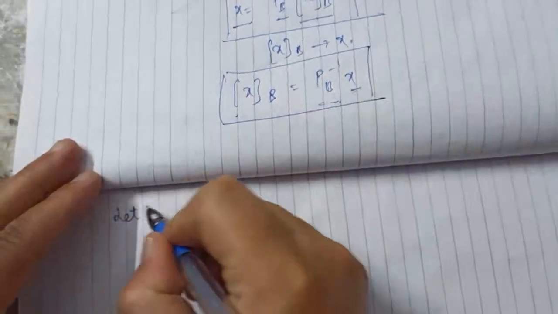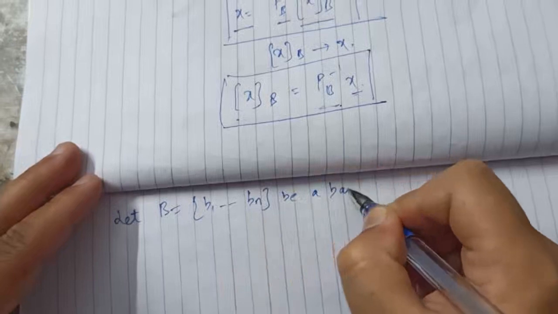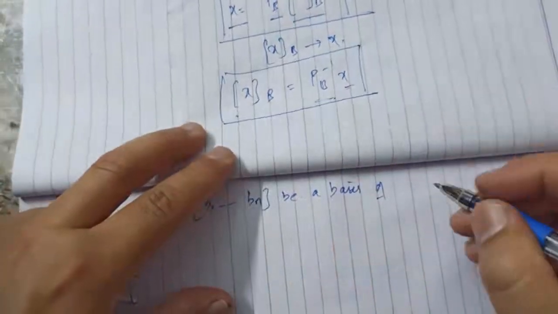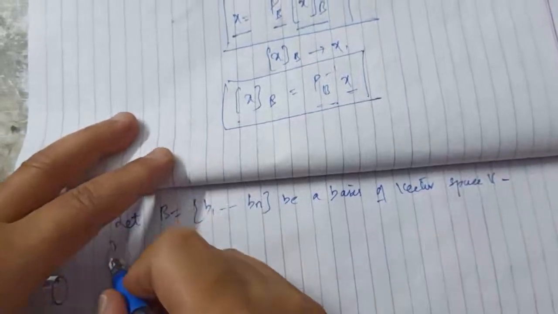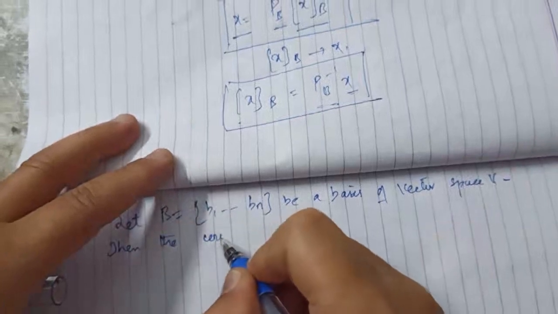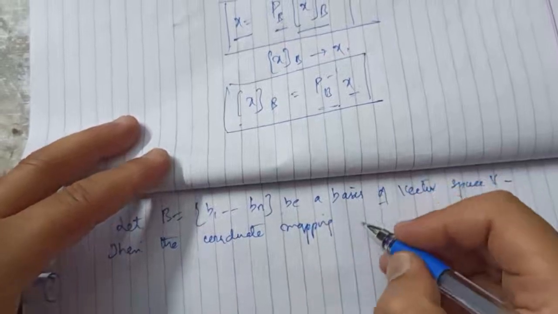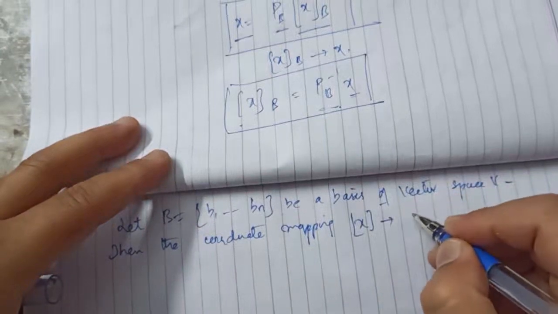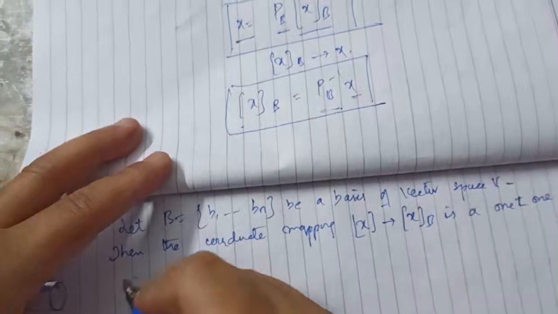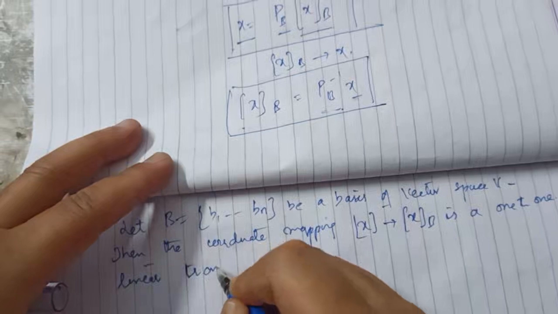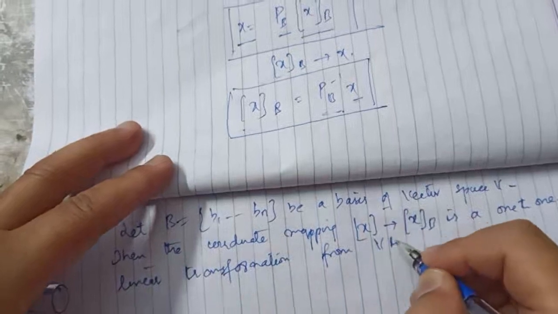So if I say let B, the set of vectors b1 to bn, be a basis of vector space V, right, then the coordinate mapping x to [x]_B is a one-to-one linear transformation from V to Rn.